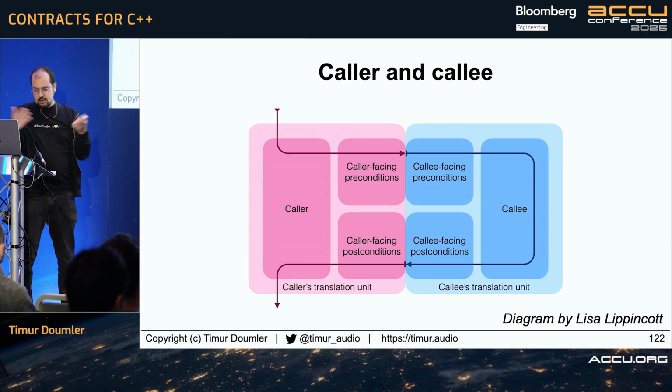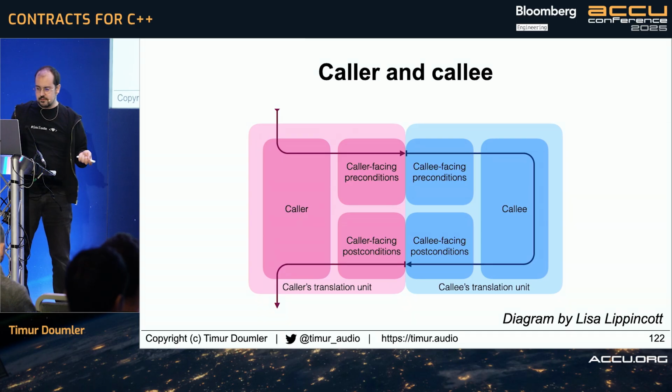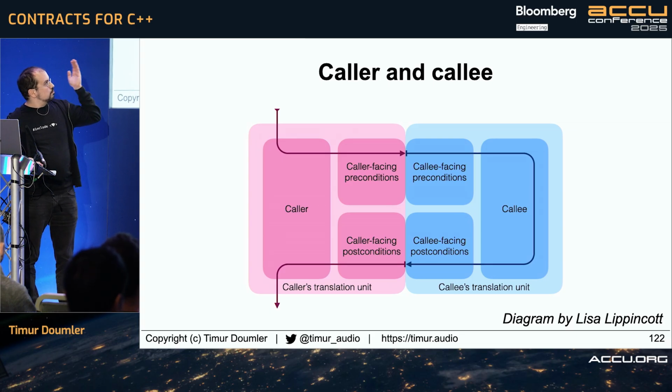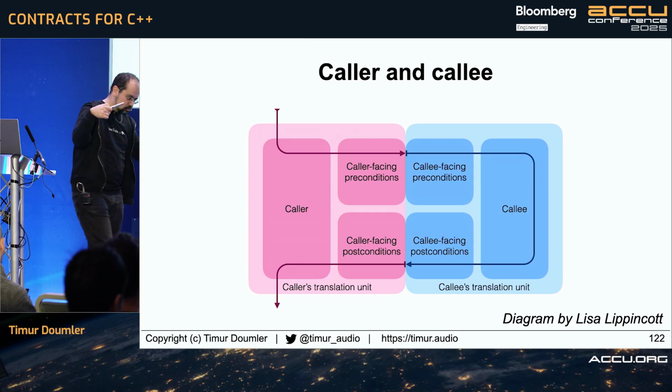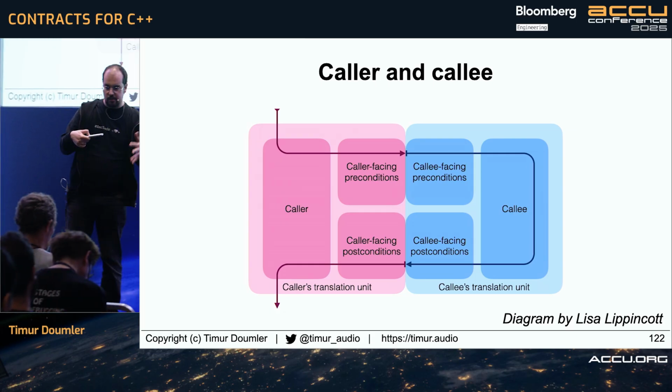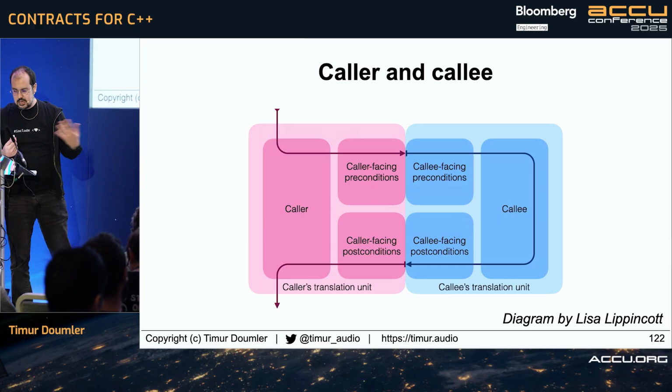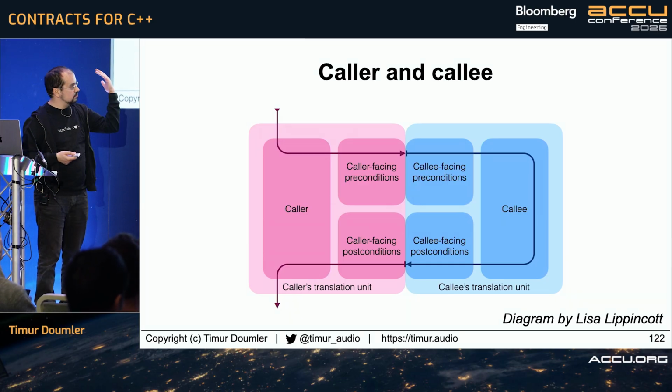So depending on what your compiler does and what flags it offers you, you could end up in a situation where both in the caller's translation unit and in the callee's translation unit, those things are checked because they don't know each other. You still want them to be able to link together without knowing whether checks are enabled in the other translation unit, right? So you could end up in a situation where you get all of these checks twice.